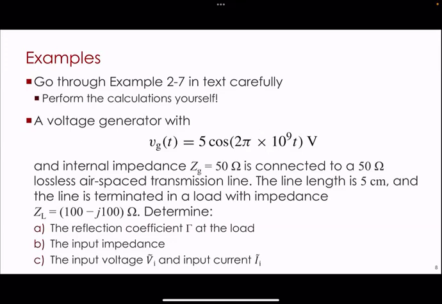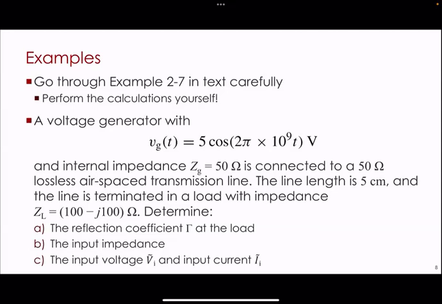And the electromagnetic wave is traveling then in air. And an electromagnetic wave in air is just the same as light in air, travels at the speed of light. So airspace tells you speed of light, lossless tells you, oh, we can use all those simpler equations that we derived not too long ago.